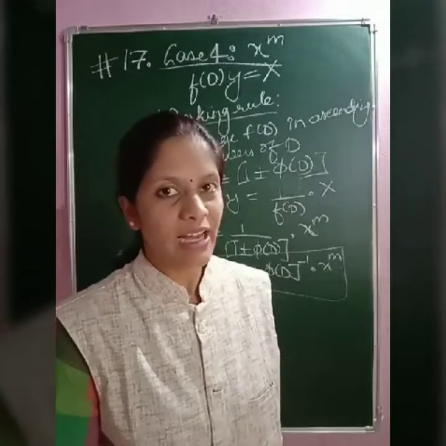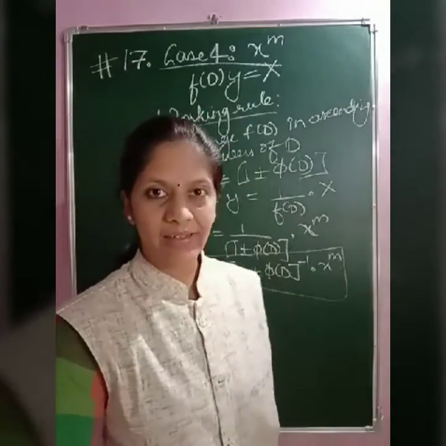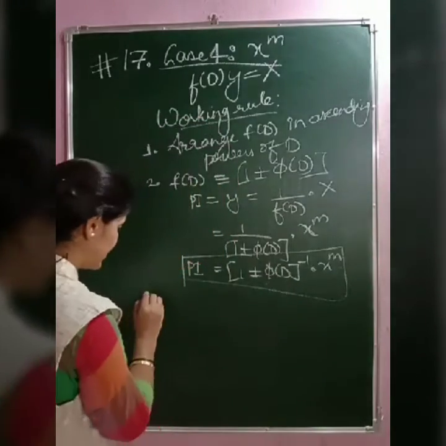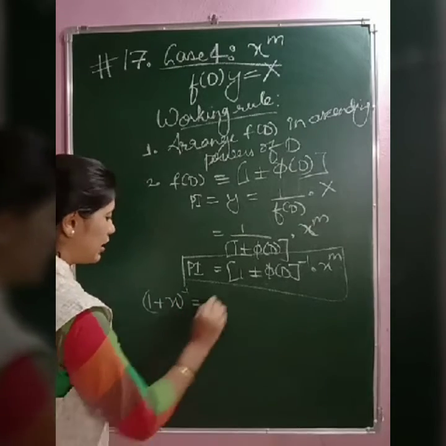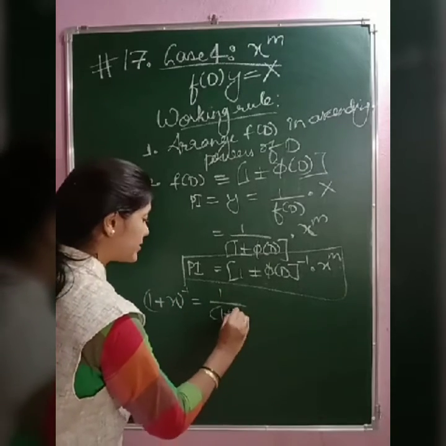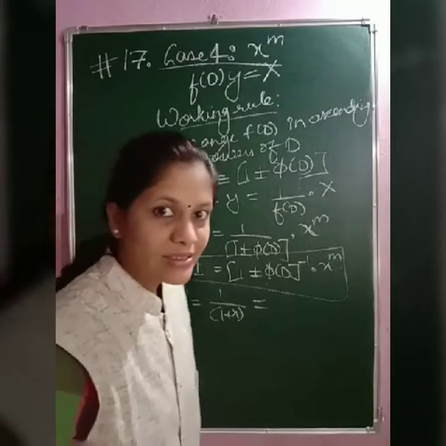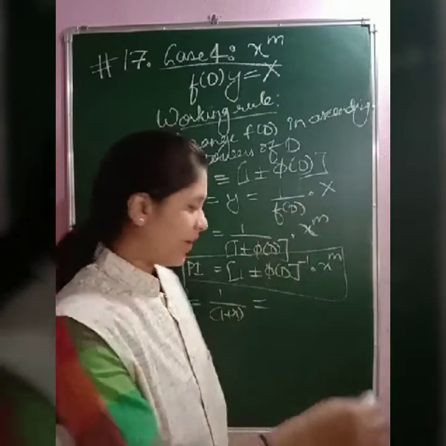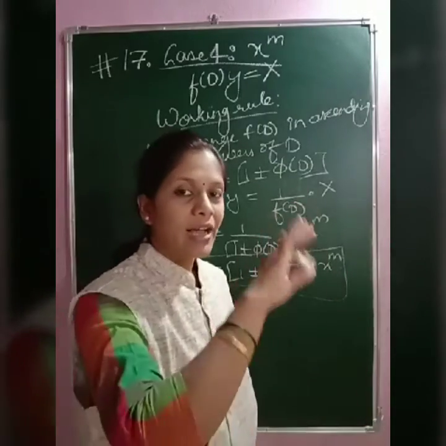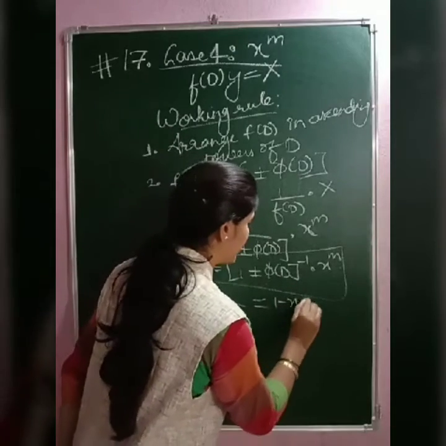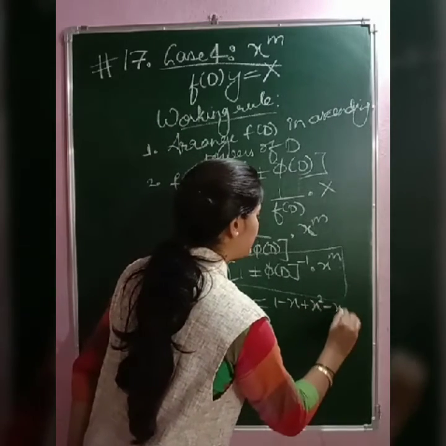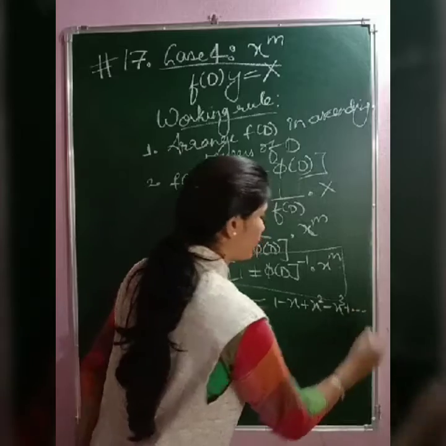So already we are aware of this formula. What is the meaning of 1 plus x inverse? It is nothing but 1 by 1 plus x. That expansion is given in ascending powers of x. Whenever plus is there, it alternates: plus, minus, plus, minus. So this is nothing but 1 minus x plus x squared minus x cubed plus so on.